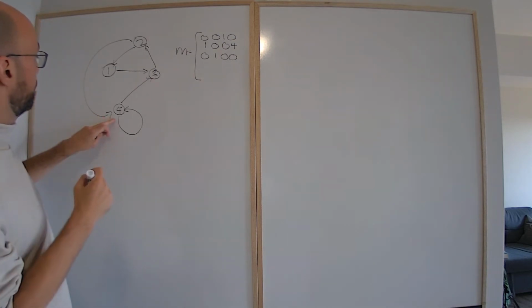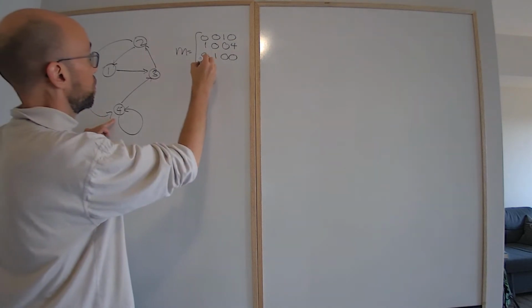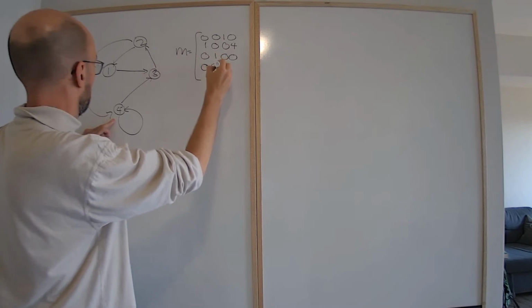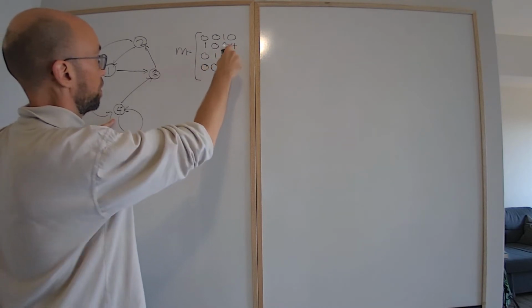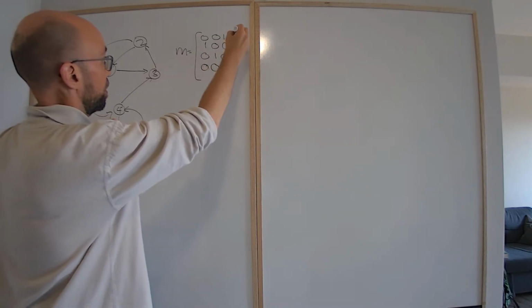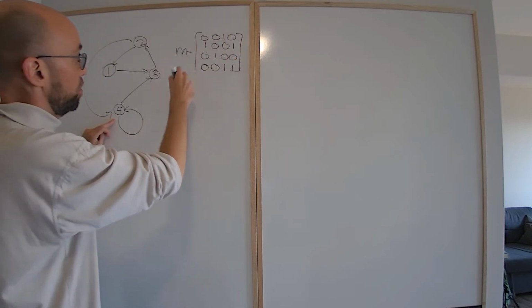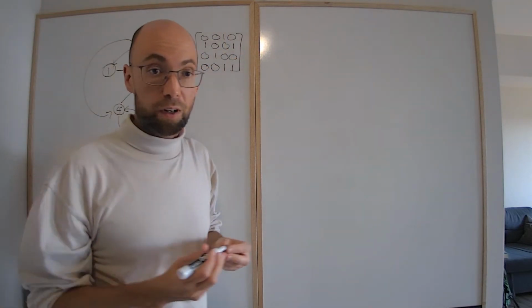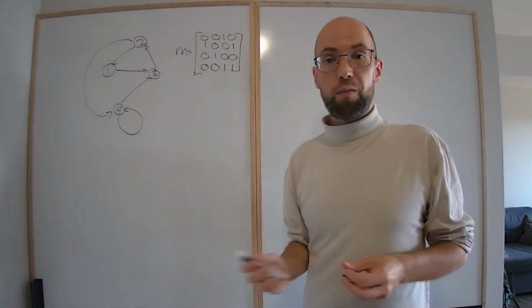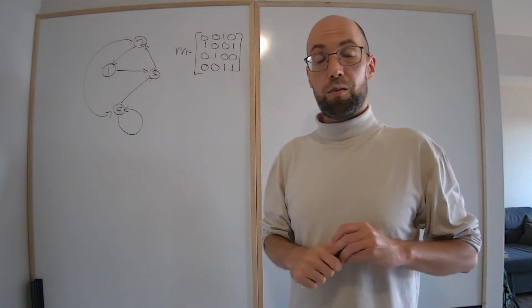And from 4 you can go to 3 and 4. Sorry, this is a 1 and 4. Okay, so that's the adjacency matrix of this graph. Notice it has this cool self loop, which is an edge that goes from a vertex to itself.